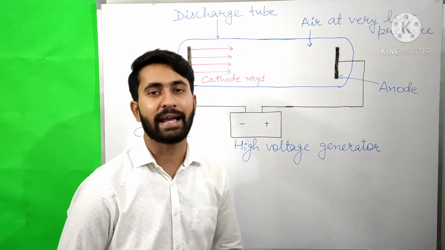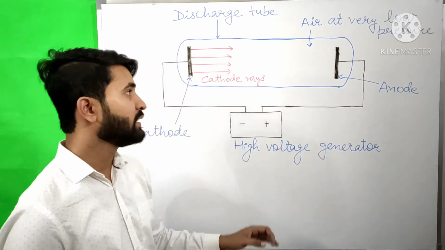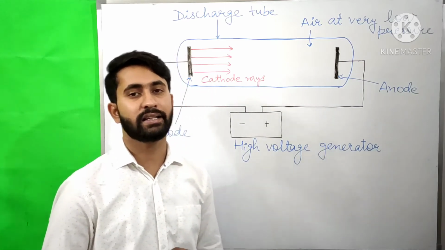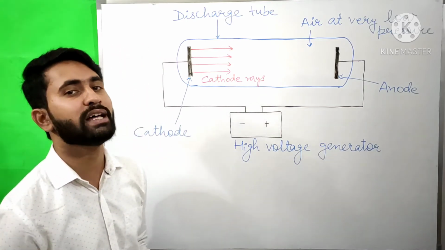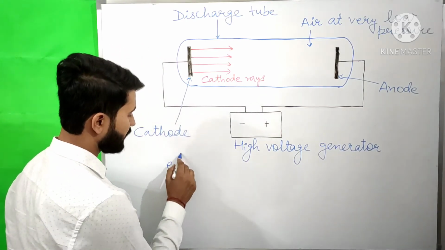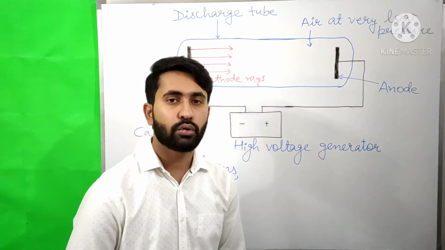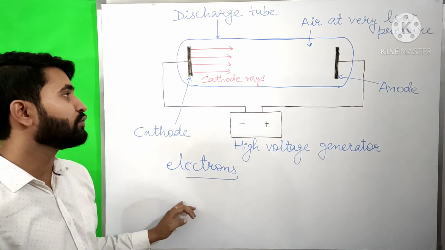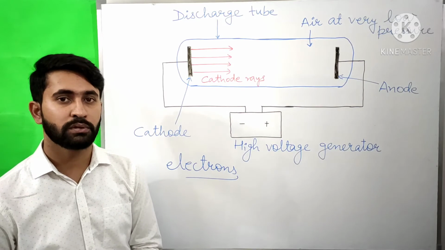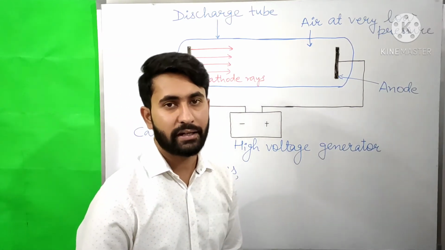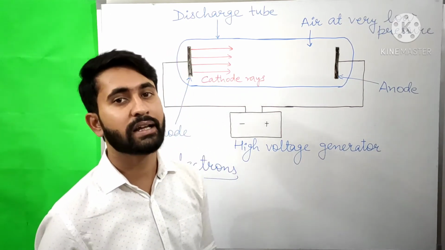Now Thomson explained the formation of cathode rays. He said that the gas present inside the discharge tube is made up of atoms and all the atoms contain electrons. When high voltage is passed through the gas, some of the electrons are removed from the gas, which forms the cathode rays.